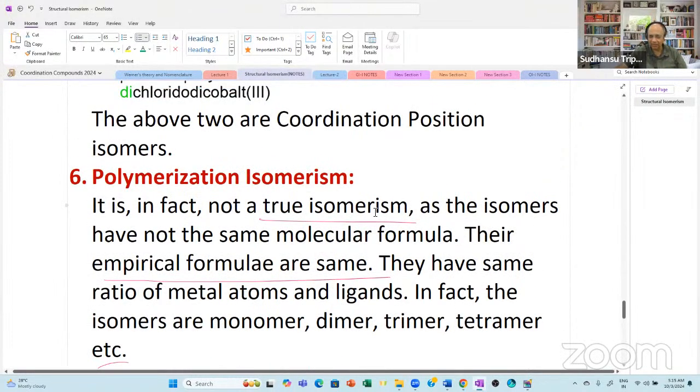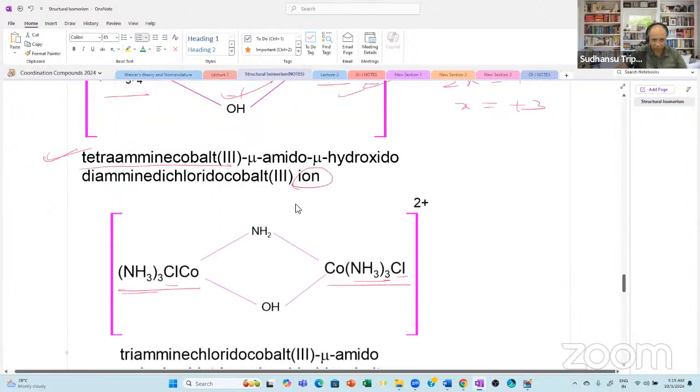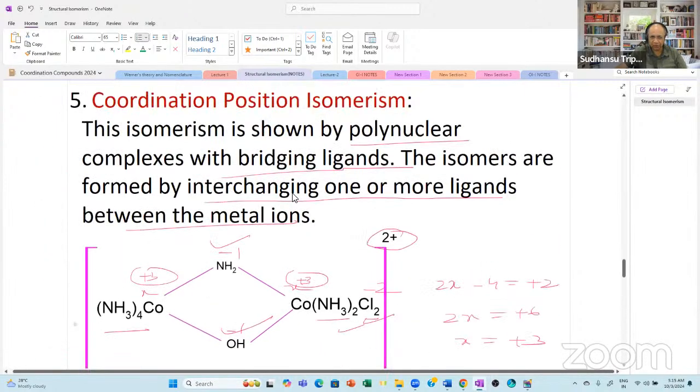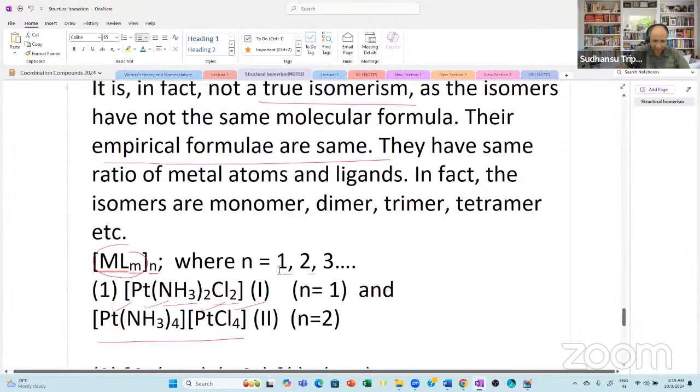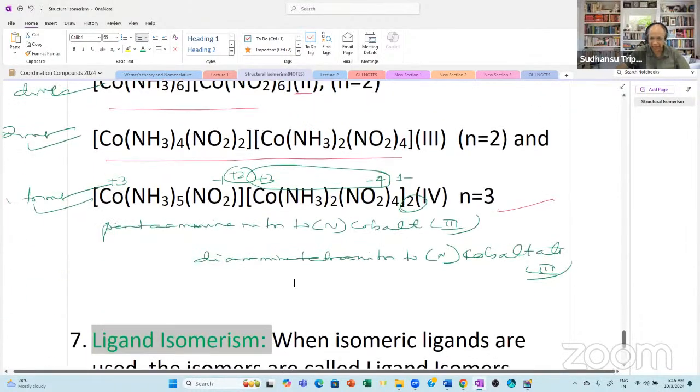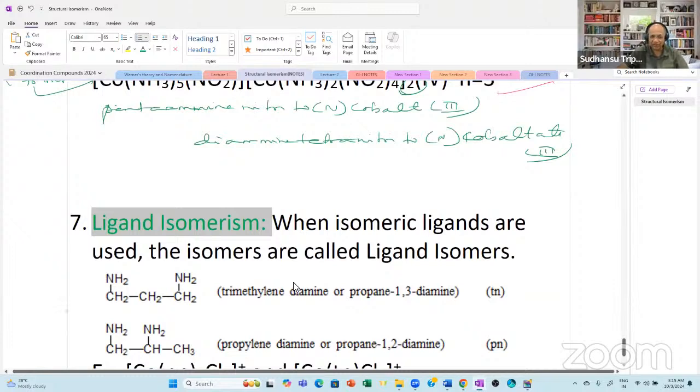The empirical formulas are the same. Also we have not revised coordination position isomers, which are only shown by polynuclear complexes, by interchange of ligands. Doesn't matter. But one extra structural isomerism you can write down in your copy is ligand isomerism.